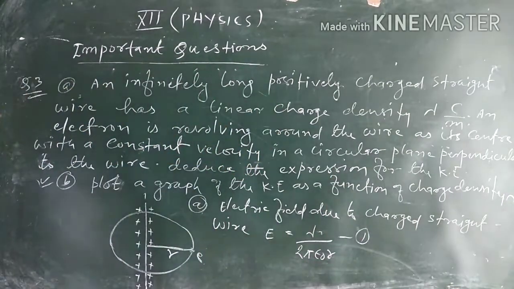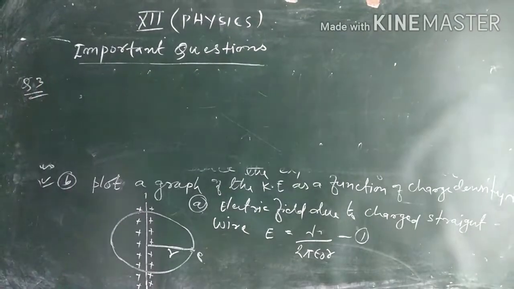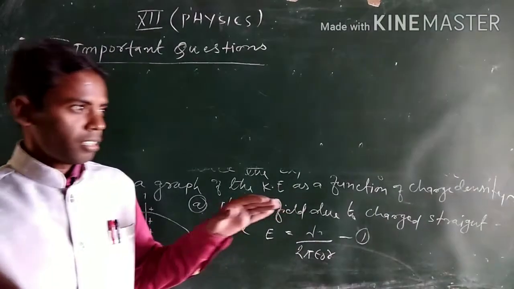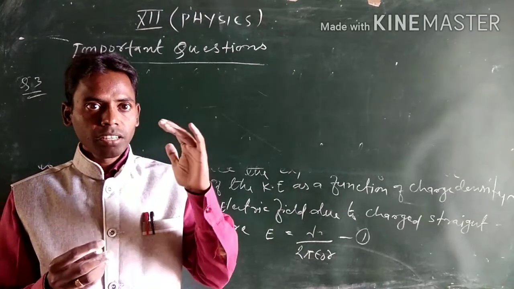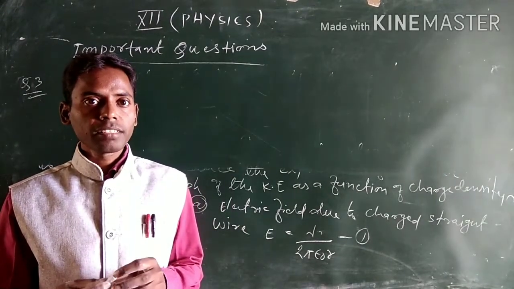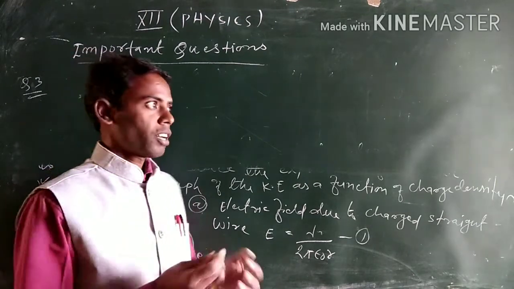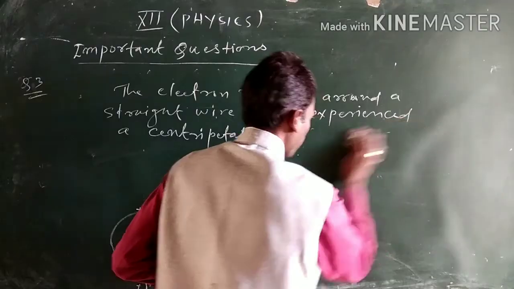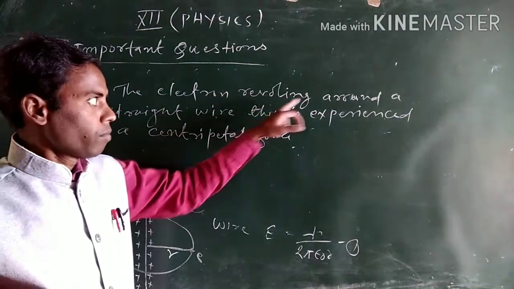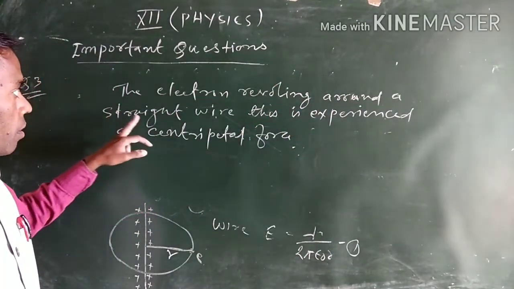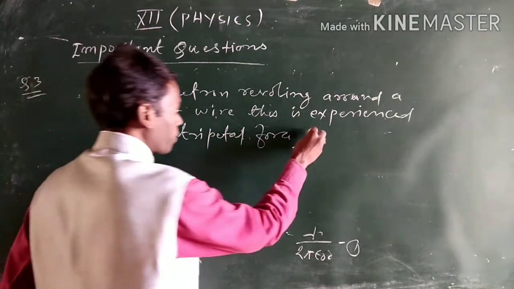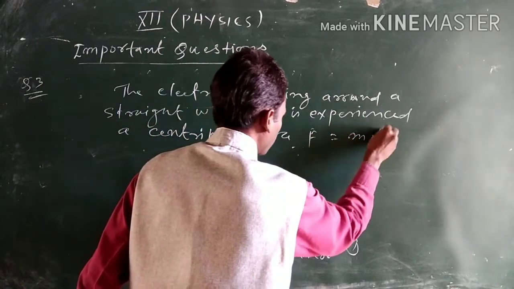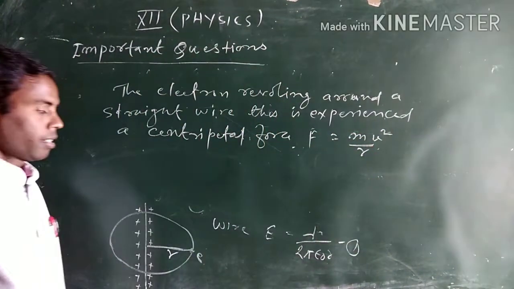Here the electron is just revolving, so it experiences one type of force, that is centripetal force. The electron revolving around the straight wire experiences a centripetal force, that means F is equal to mv square divided by r.